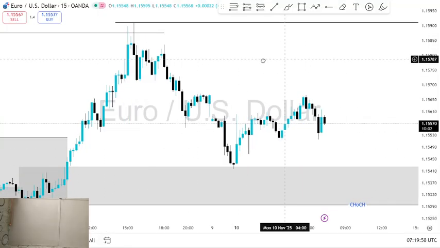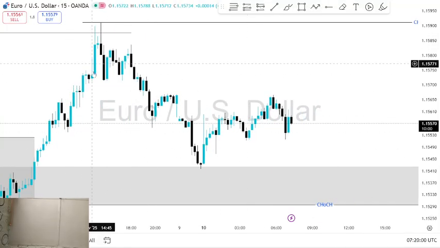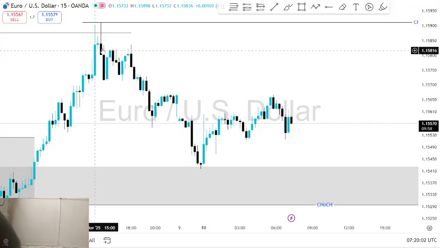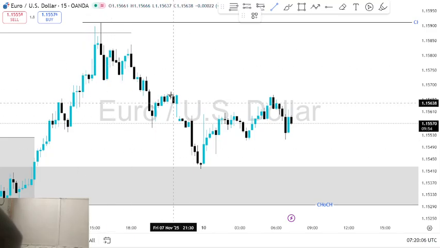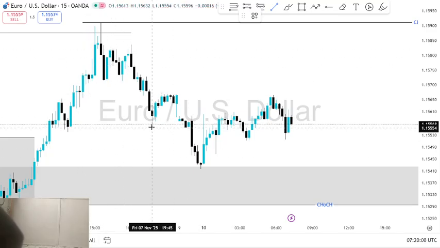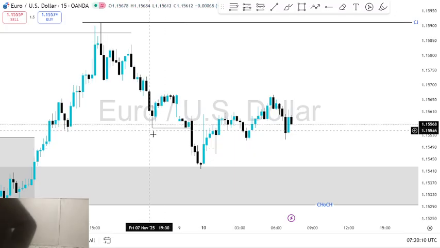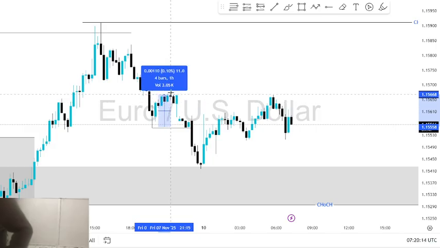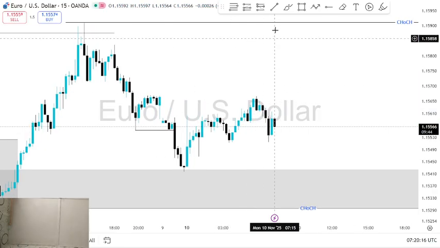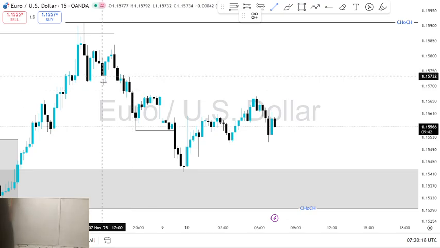This is the 15-minute swing structure. The fractal structure is still bearish, so 11 pips. Cool.